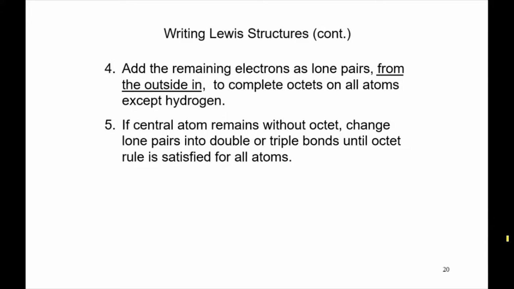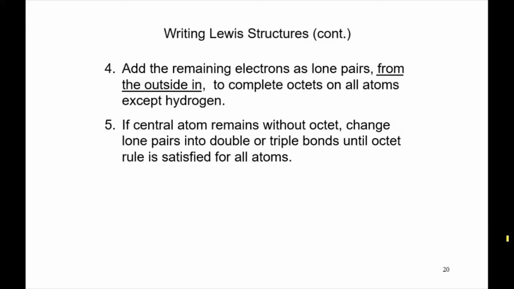And I work my way from the outside in. So I start by adding lone pairs to the outside atoms until I complete octets in them, and then I proceed to the next one and then to the next one. Of course, the exception is hydrogen, because hydrogen cannot take more than 2 electrons, and if it's already bonded, that's the 2 electrons that it has in the single covalent bond.